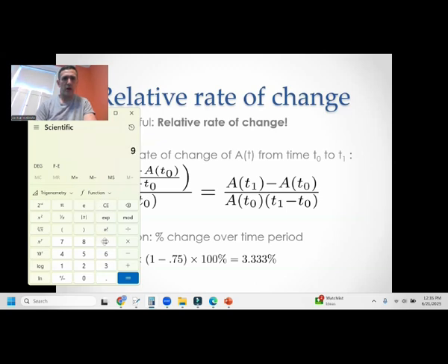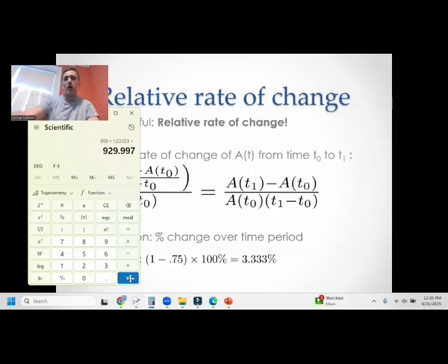So we start off with $900, not 9,000, but 900. And we grow by 3.3333%. So that means we take 900 times 1.03333. And lo and behold, we get $930.